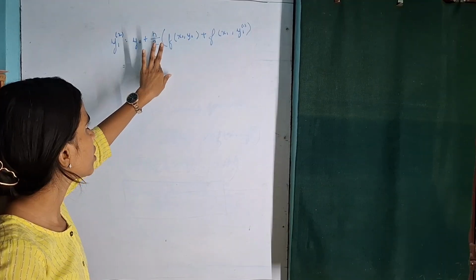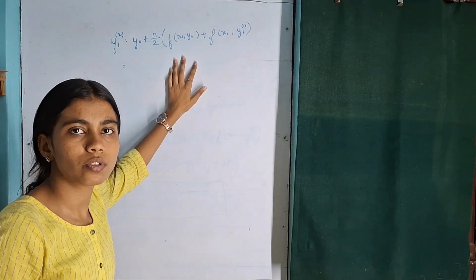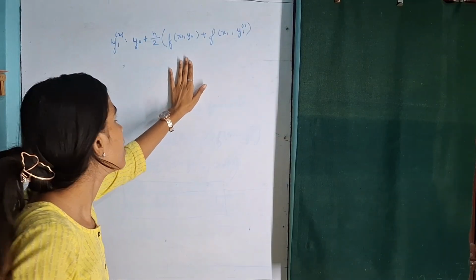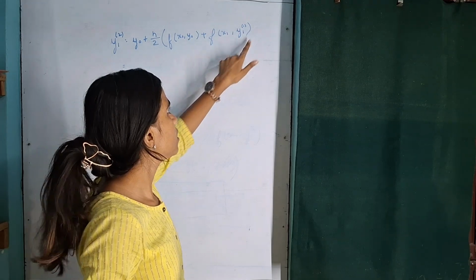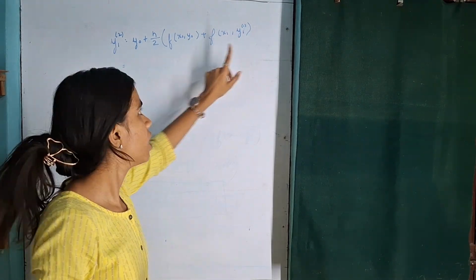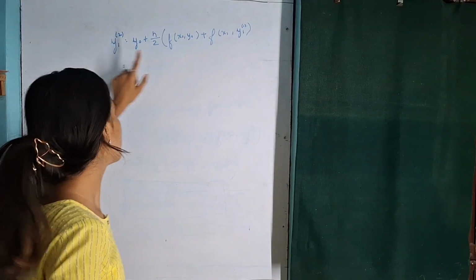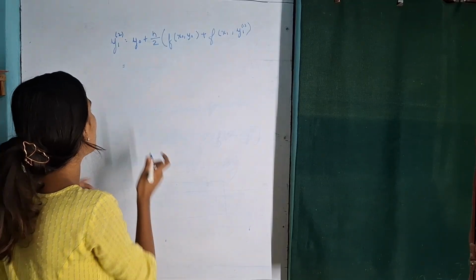It's y0 plus h by 2, f of x0 comma y0 is going to stay the same no matter how many times you do it, like y13, y14. Also x1 will remain the same. Only the last term will change, which uses the value we solved before. Now we are solving for y12, so it will be y11. If we are solving for y13, then it will be y12. In this way you can remember the formula.